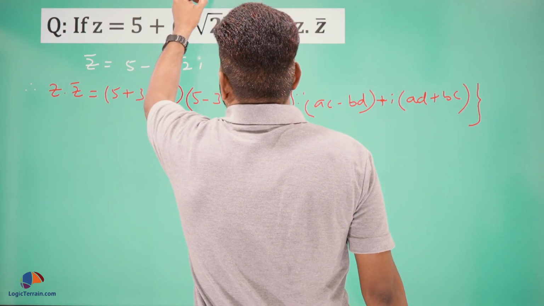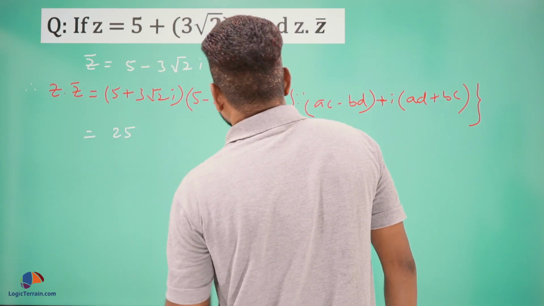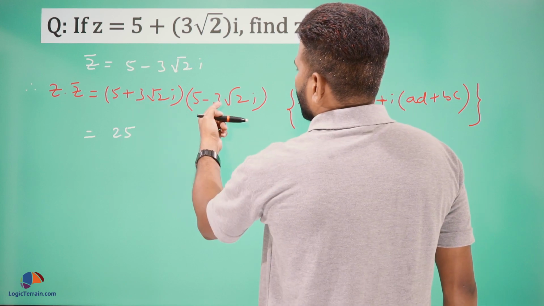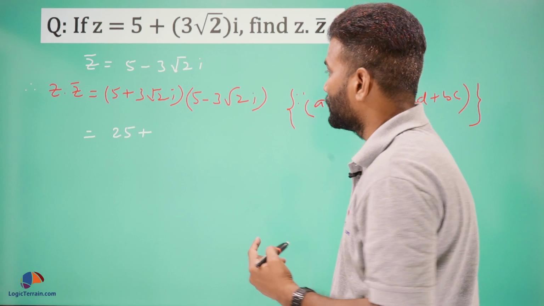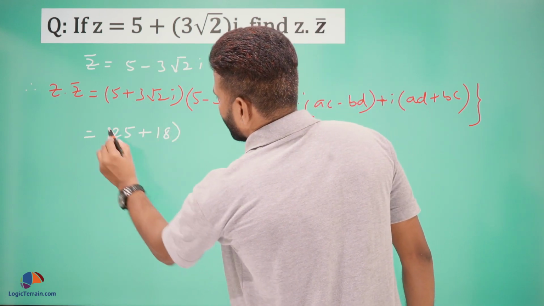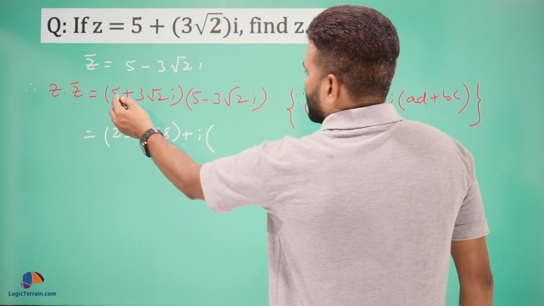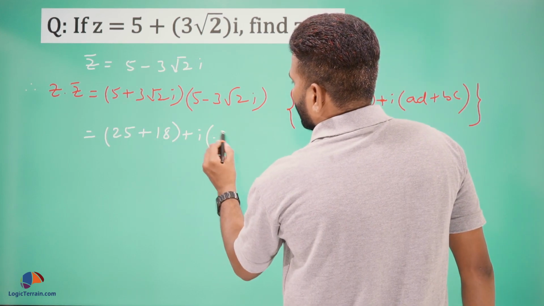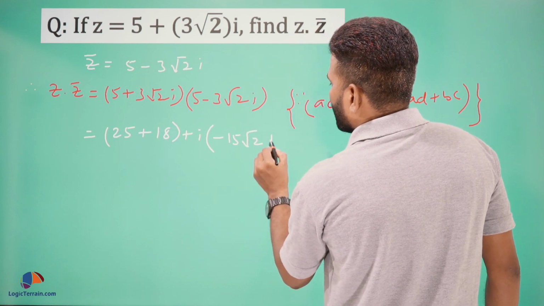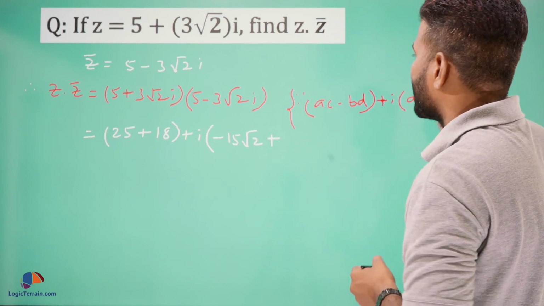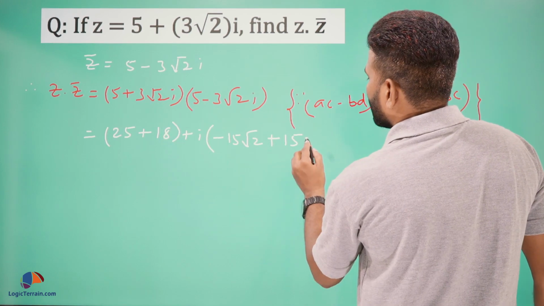Then this becomes AC, 5 square, 25, minus BD, positive into negative, negative, negative of negative, positive, 3 3s are 9, square root 2 into square root 2, 2, 9 2s are 18, plus I of AD, that is these two, positive into negative, negative, 5 3s are 15 square root 2, plus BC, these two, 5 3s are 15 square root 2.